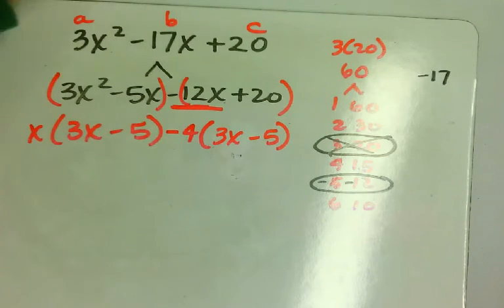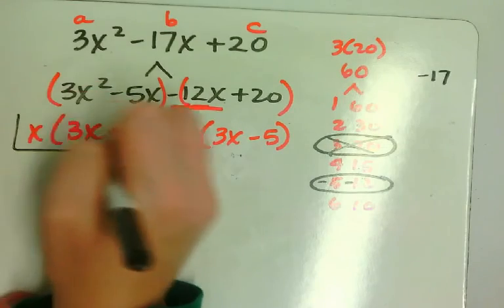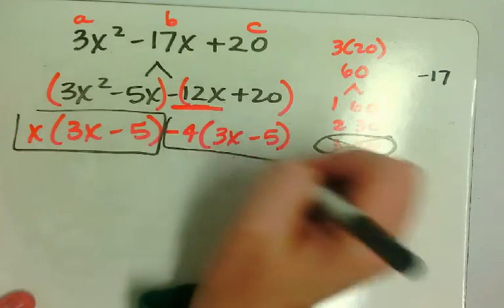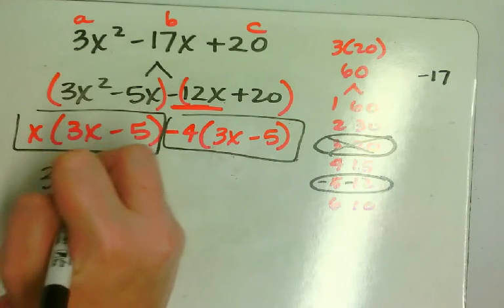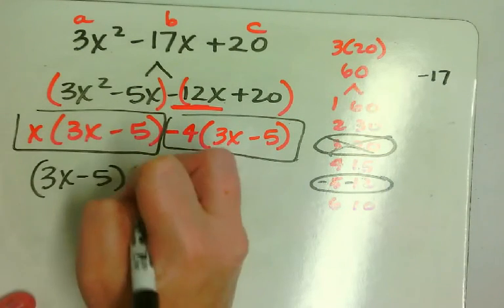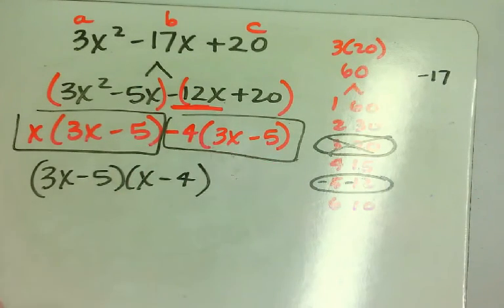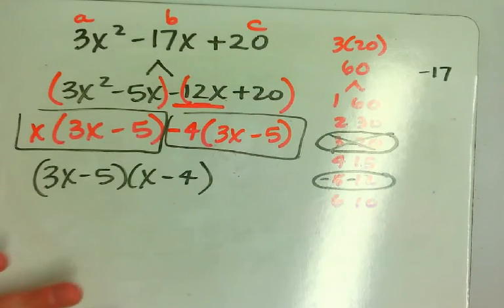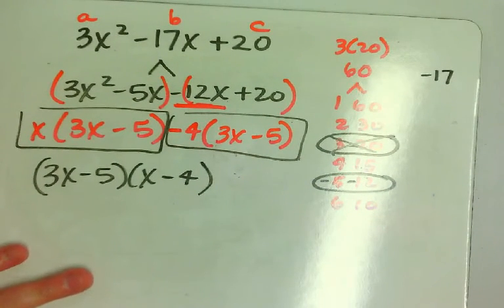You only have one step left. So I got 3x minus 5 times x minus 4. Okay. Any questions on that one?